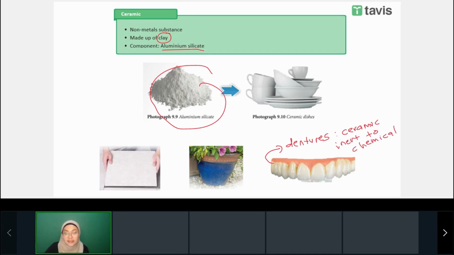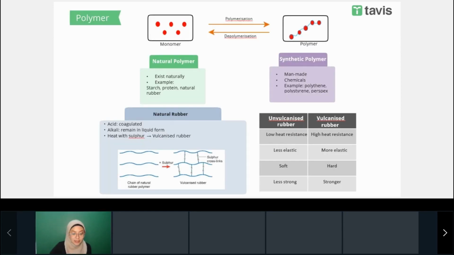Let's say we are eating something, it will be mixed with our saliva, and it can produce a chemical reaction. That's why we use a ceramic that is inert to any chemical reaction so that the dentures won't be affected.